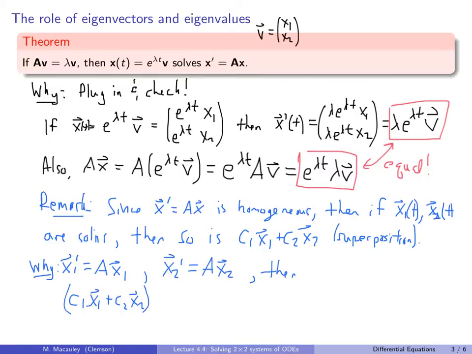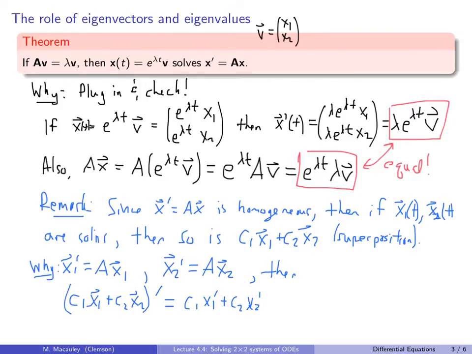What do we get? Notice we get c1 x1 prime plus c2 x2 prime.